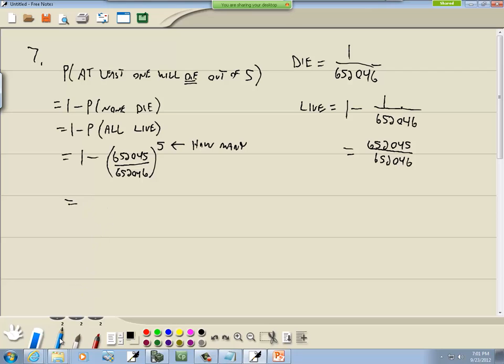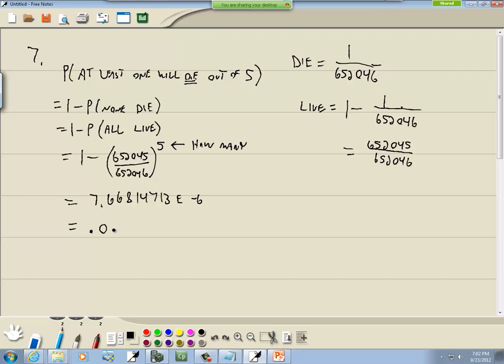So let's see what we come up with. So 1 minus 652,045 divided by 652,046 caret 5. And we get 7.66814713 e to the negative 6. This is the problem with rounding to 4 decimal places. This e to the negative 6 means I move my decimal 6 places to the left.